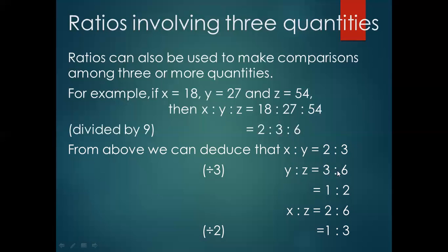And 3 is to 6 is not a simplified form, so you can divide it by 3, which is the GCF for both quantities. Then it will be reduced to 1 is to 2. If you are interested in the ratio of x and z, then you will consider these two numbers, 2 and 6. Now 2 colon 6 will be the ratio for x is to z, and if you divide it by 2, you will get 1 is to 3.